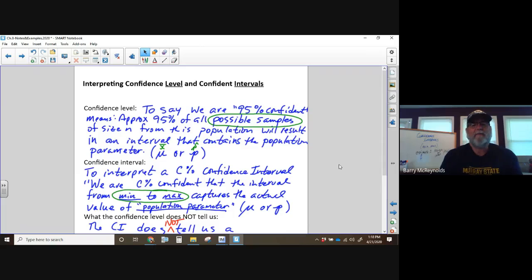Okay, so now I'm giving you kind of a formal interpretation of confidence level and confidence intervals, and you can find these things, these interpretations in your textbook on page 474.